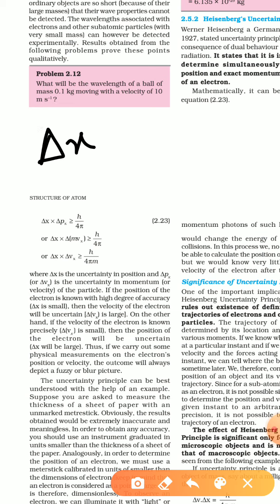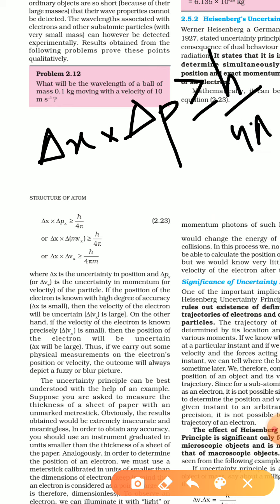Delta p is the uncertainty in the momentum. The product of the uncertainty in position and the uncertainty in momentum cannot be explained exactly, and it always lies at a value greater than or equal to h by 4 pi. We could also express it in terms of velocity.